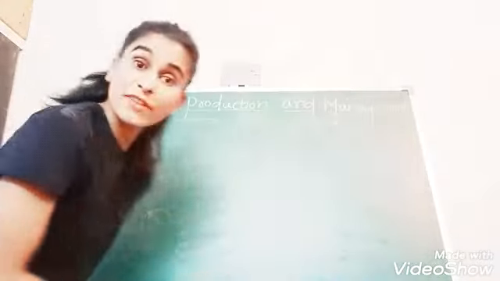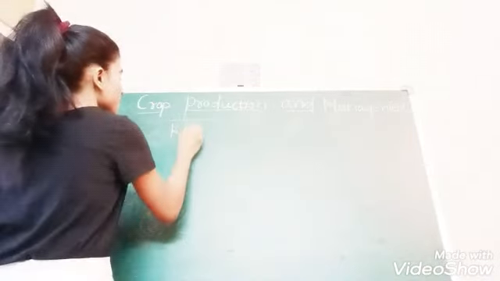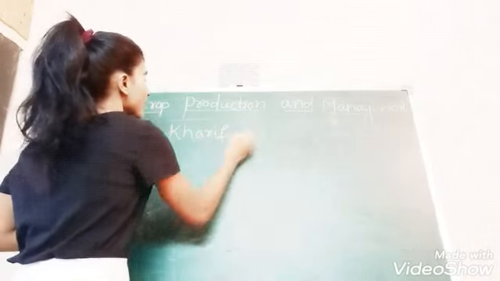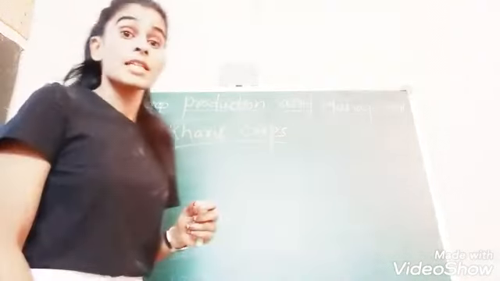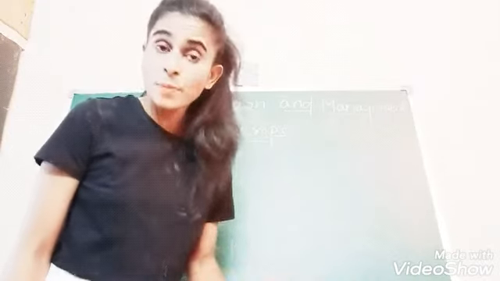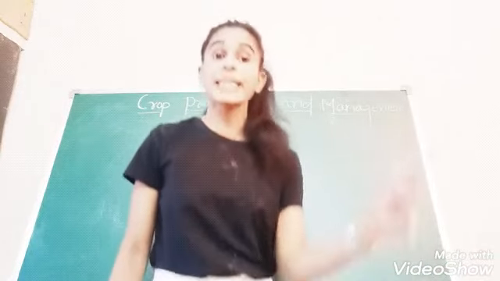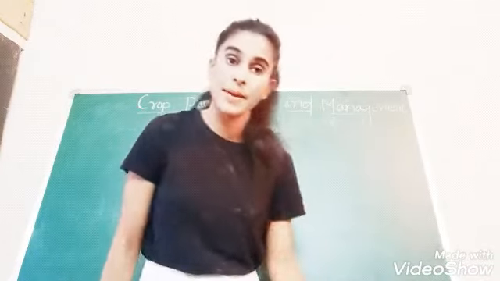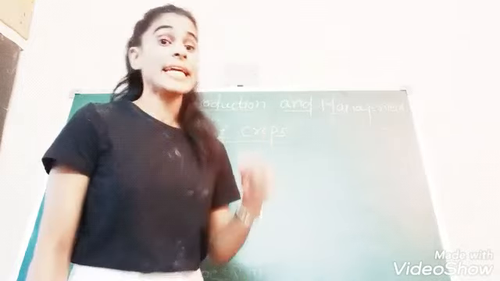What are Kharif crops and Rabi crops? The first one, Kharif crops. What are Kharif crops? The crops which are cultivated in the rainy season, that is from June to September. Why in the rainy season?